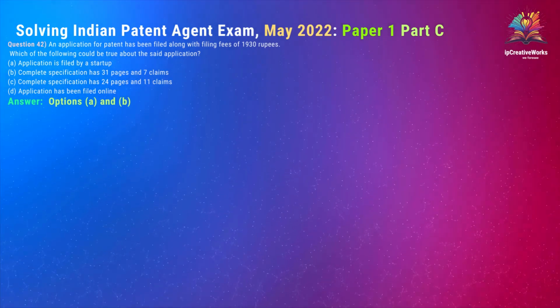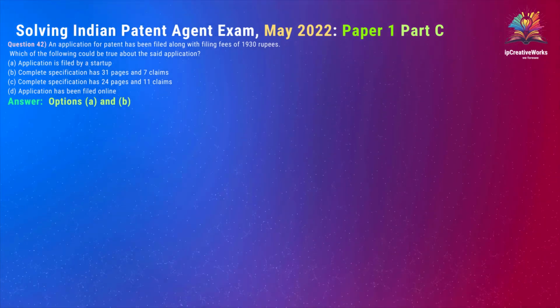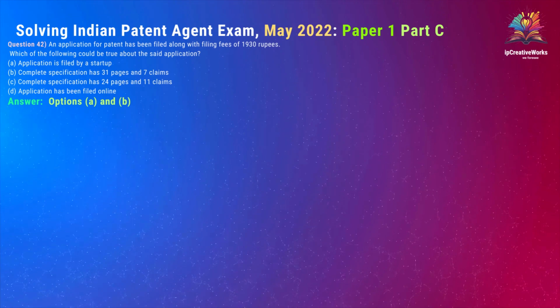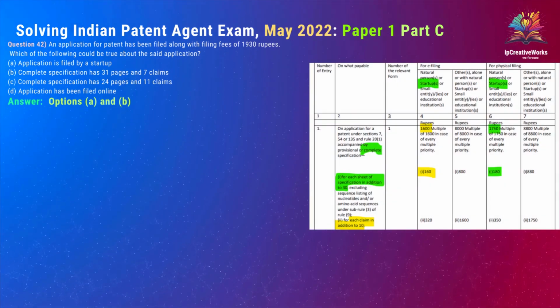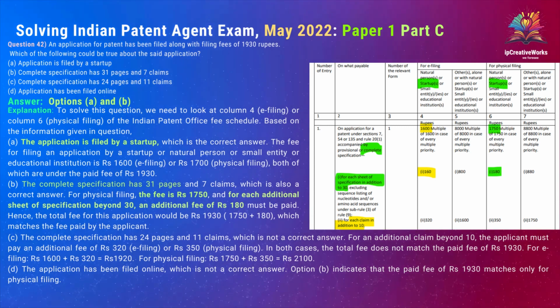Explanation. The fee structure for a patent application, according to the first schedule of the Indian Patent Rules, 2003, is displayed as shown. To solve this question, we need to look at column 4, e-filing, or column 6, physical filing, of the Indian Patent Office fee schedule, based on the information given in the question.